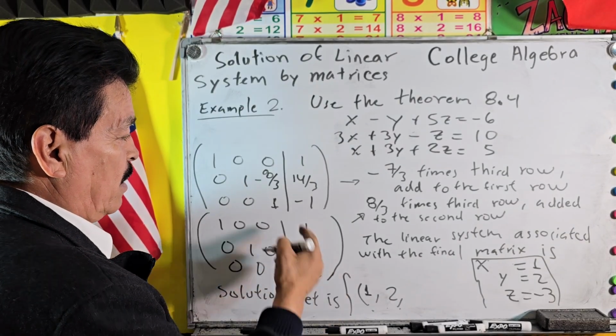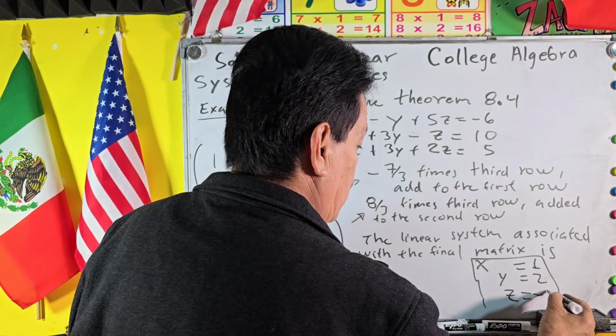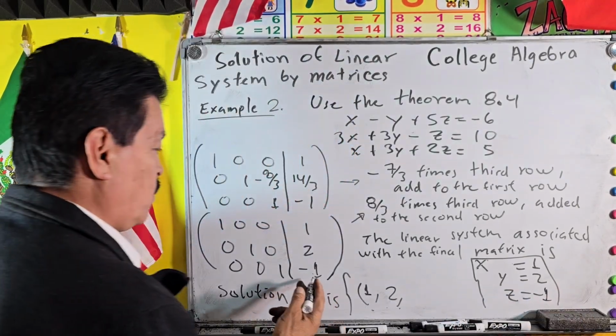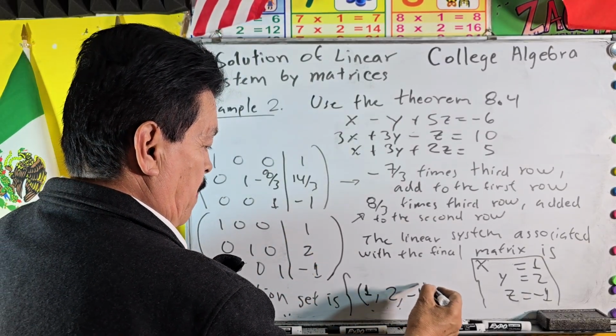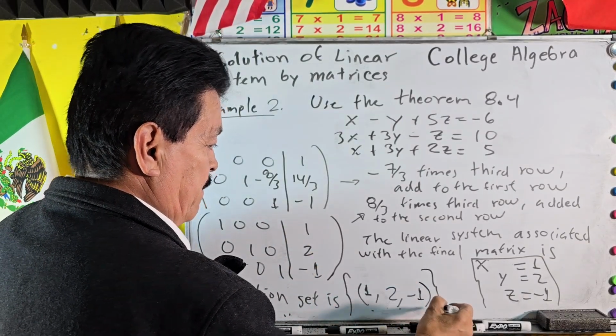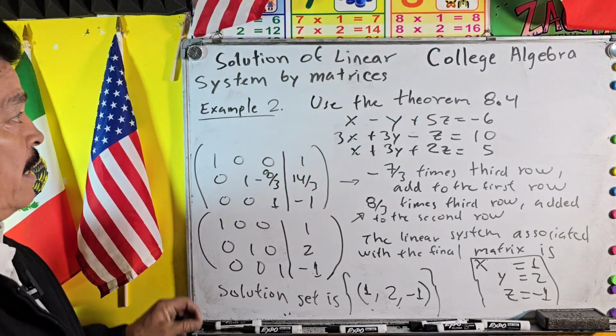Negative 1, we have 1, not 3, right here. Negative 1. Yes, we got it right here. So, negative 1. That's the solution set.